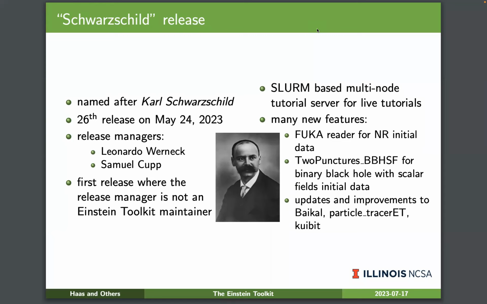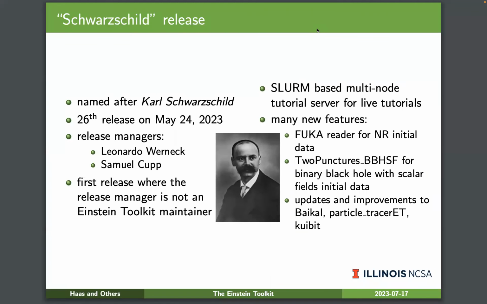Other things that are maybe important to mention is that we have a couple of new features in there. We've got a reader for the Fuka initial data code by Samuel Tuttle, whom I saw somewhere out here, I guess, which gives you access to a modern initial data code that you can use to produce initial data for the Einstein Toolkit. Also, punctures binary black hole SF is present.